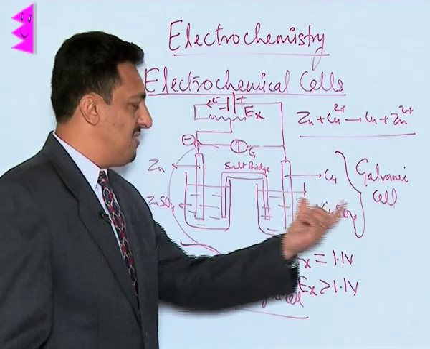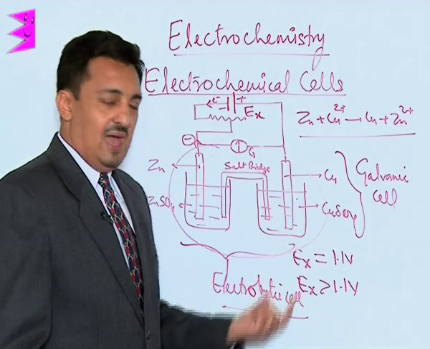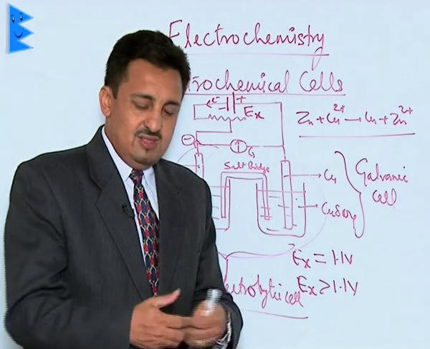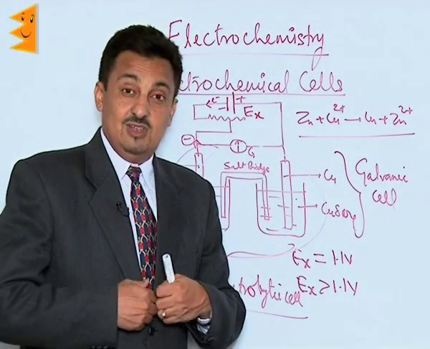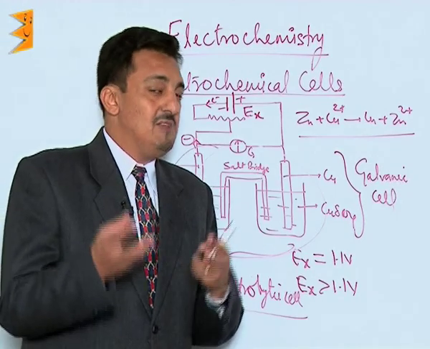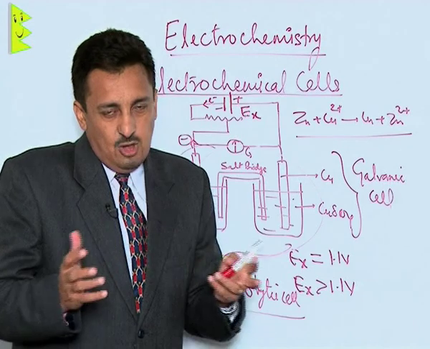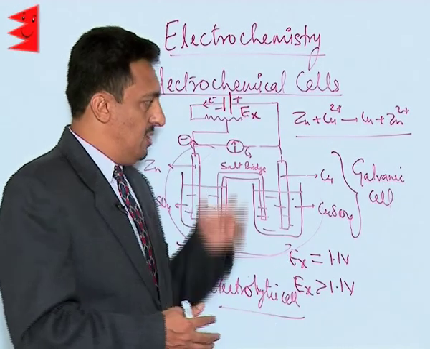So this is the basic fundamental difference of the two. If the potential applied from outside is more than the potential of the cell, it becomes an electrolytic cell, and if the potential applied from outside is less, then the cell will behave like a usual galvanic cell. So this is what we can understand.